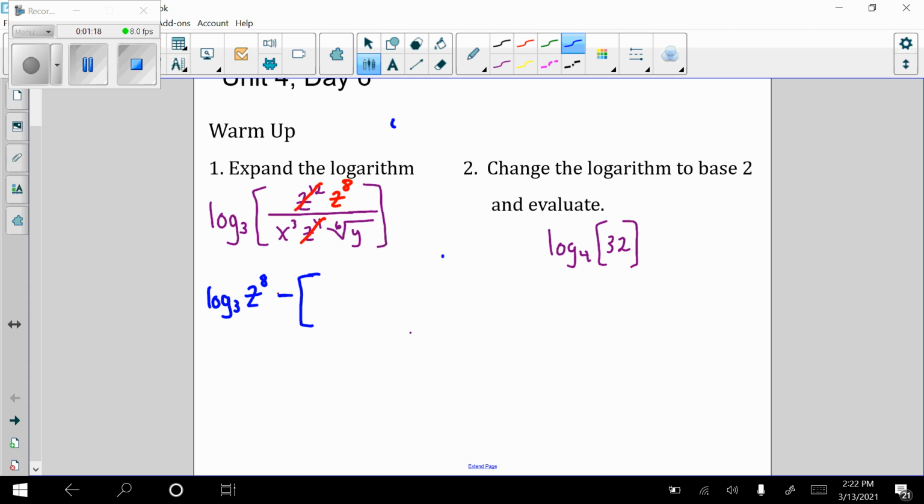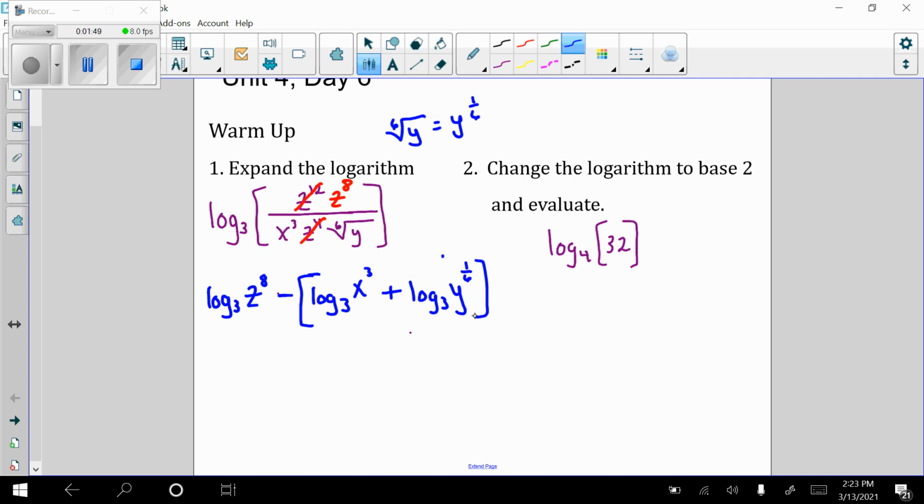And to make things a little quicker, we can do the 6th root of y is y to the 1/6. So I have minus log base 3 of x to the 3rd plus, since it's multiplication on the bottom, it's the product property, log base 3 of y to the 1/6.